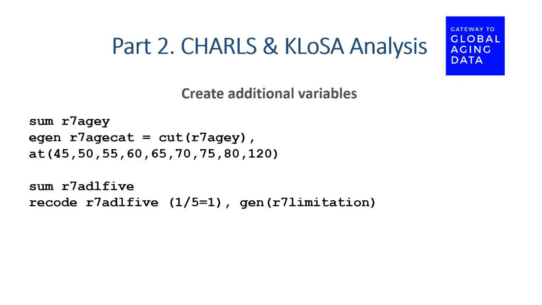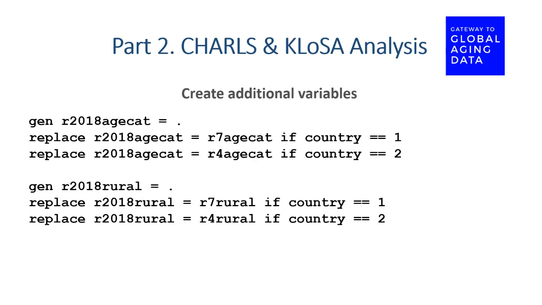We're going to create some additional variables just the way we did before. So we're going to create that age categorical variable. We're going to create our limitation variable. And if you remember, we've got these variables, some which are labeled wave 4 for CHARLS, some which are wave 7 for KLOSA, and we're just going to give those exactly the same name. We're going to replace those wave numbers with year numbers.